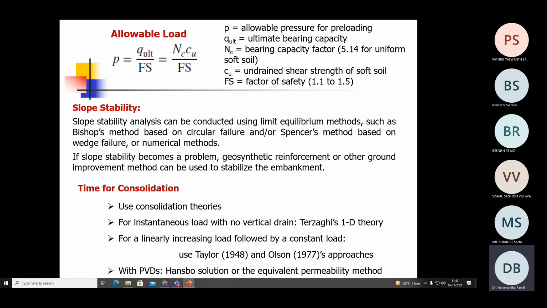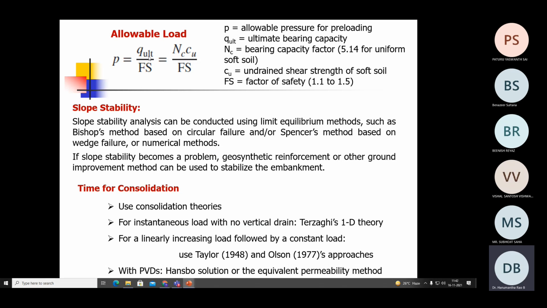Then, as I told, usually the PVD technology is useful to accelerate the consolidation in soft soils. Therefore, how much load should be applied should be decided based on a simple calculation of the bearing capacity. So the allowable load is calculated by a simple formula: P is equal to Q ultimate by the factor of safety.